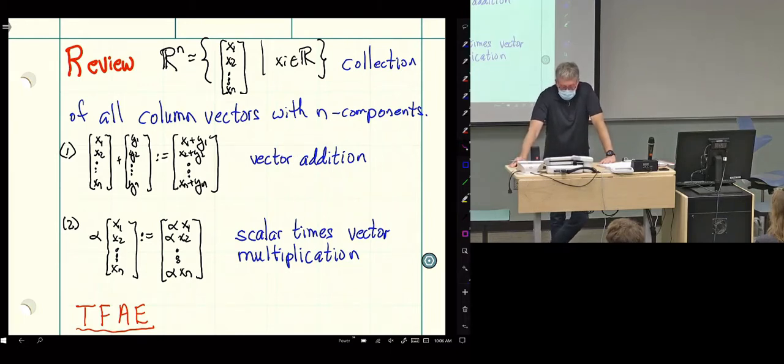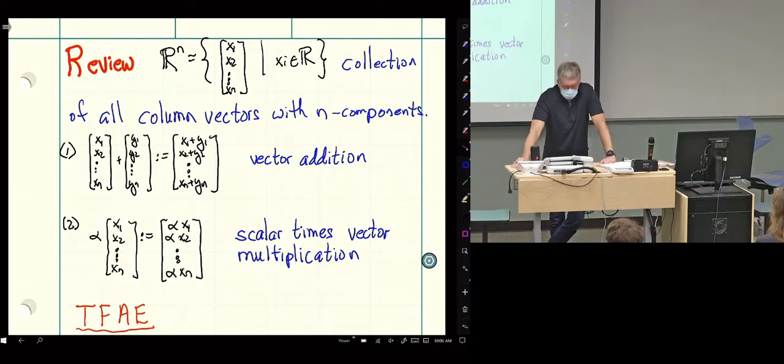Okay, so we're working in Rn, so let's just recall the two fundamental properties about Rn. Rn, we identify with column vectors, and then since all of them are column vectors, we drop the word column and we just call them vectors.